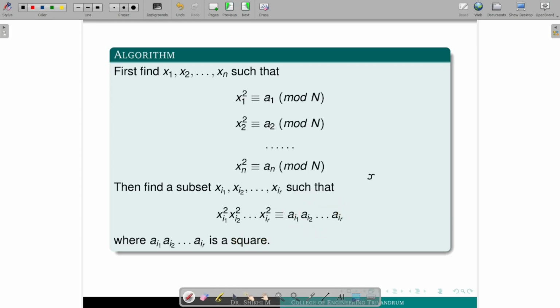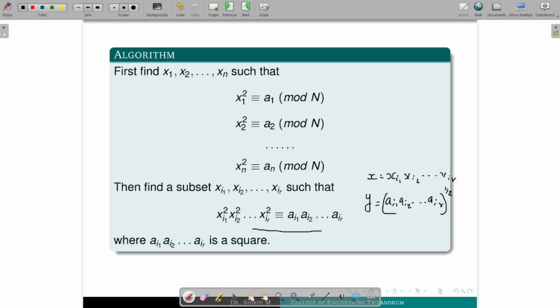Now we are going to select our x and y. X is chosen in such a way that x is equal to xi1 into xi2 into etc. xir, and y is equal to the right hand side ai1, ai2, etc., air of the congruence, the whole raised to 1 by 2.